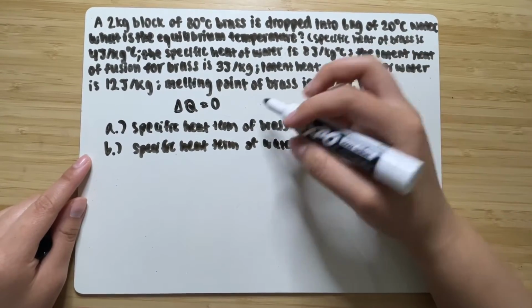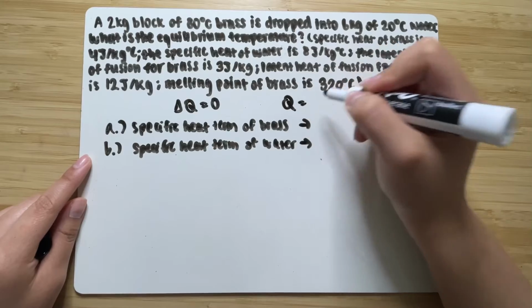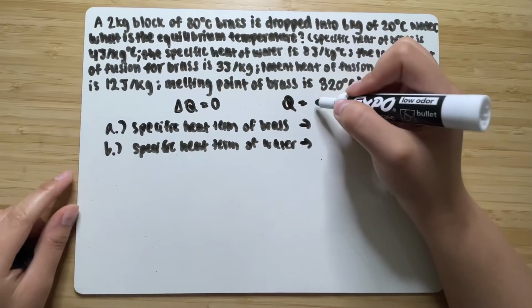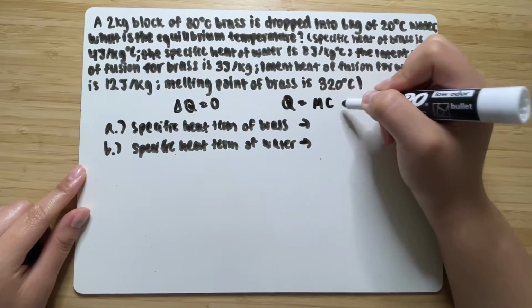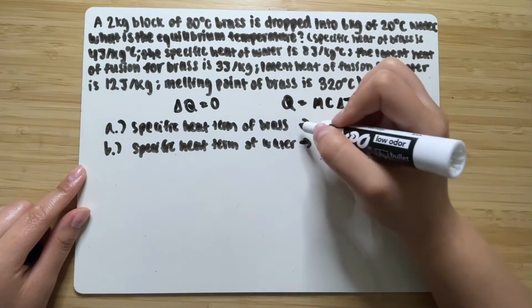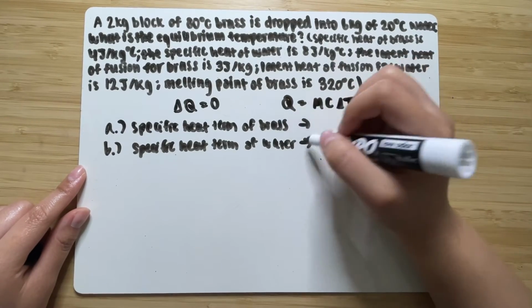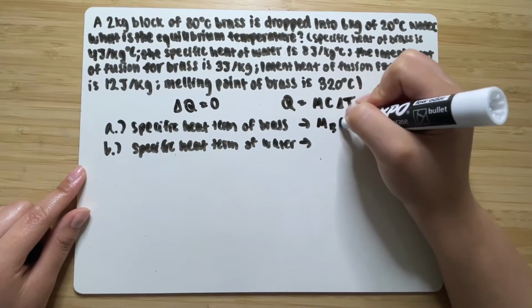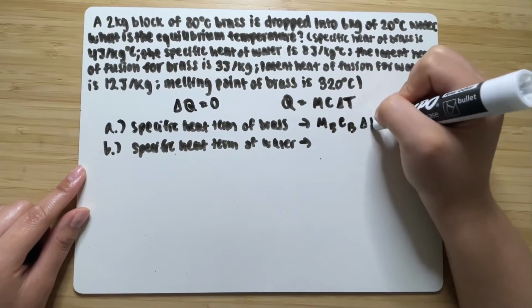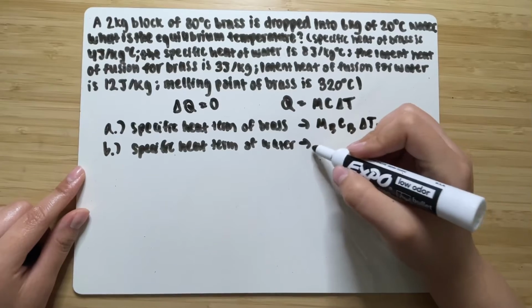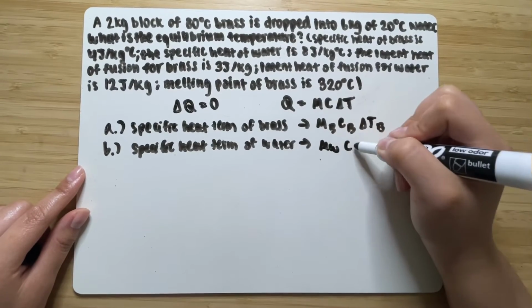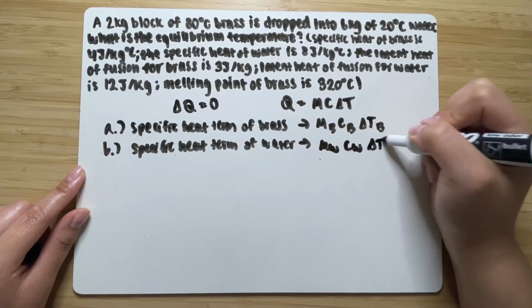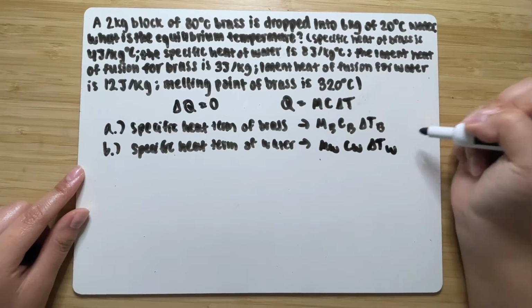So how do we find this? It would still go within the realm of Q equals mass times specific heat times change in temperature, but it will be personalized for each instance. For brass, it's the mass of the brass times the specific heat of brass times the change in temperature of brass. For water, it will be the mass of water times the specific heat of water times the change in temperature of water.